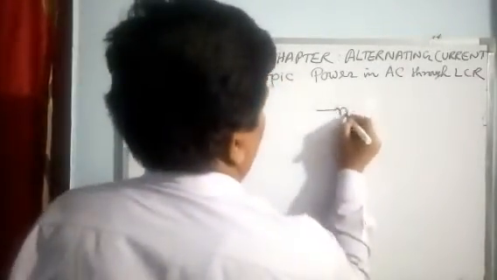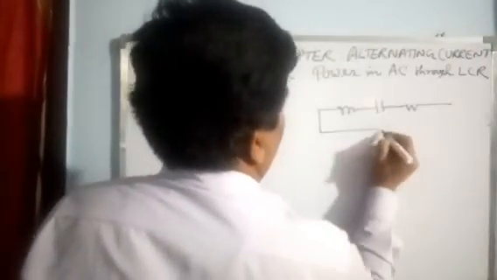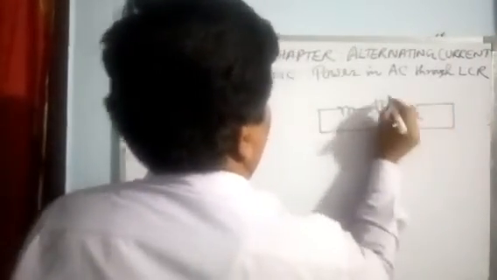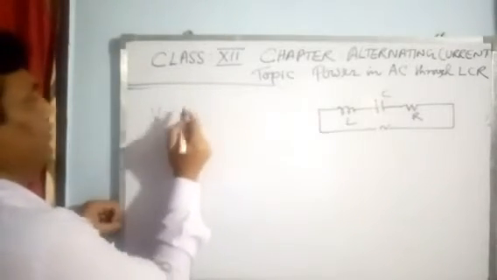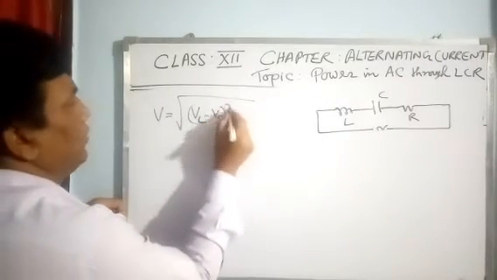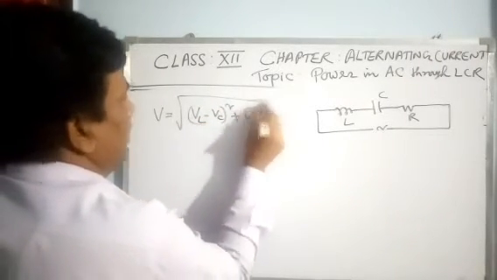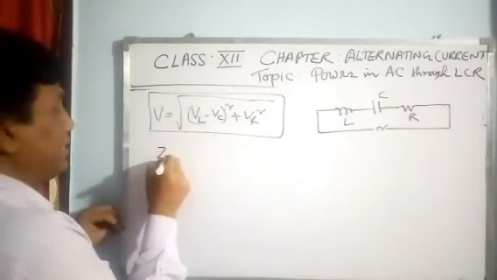And what we get, the net voltage I found, it is the square root of (VL minus VC) whole square plus VR square.